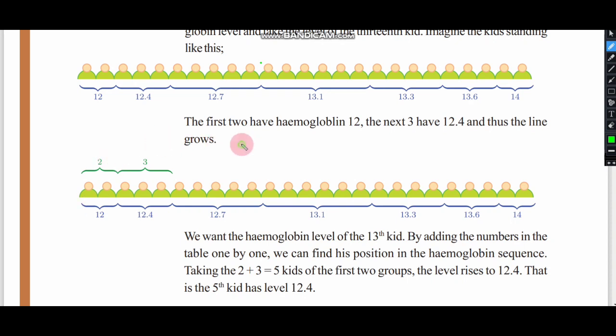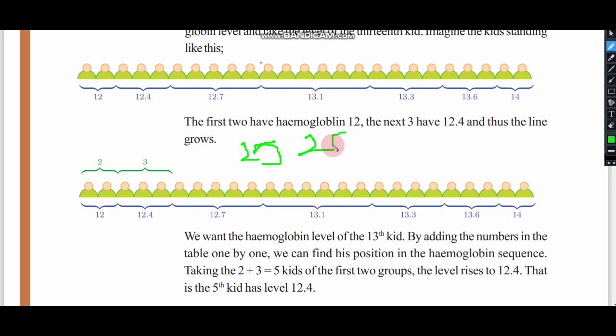So here we have 25 children, and 25 is an odd number. If the number of observations is odd, the median is the middlemost. So how do we find the median? If the number of observations is odd, then (n plus 1) by 2 is the median position.